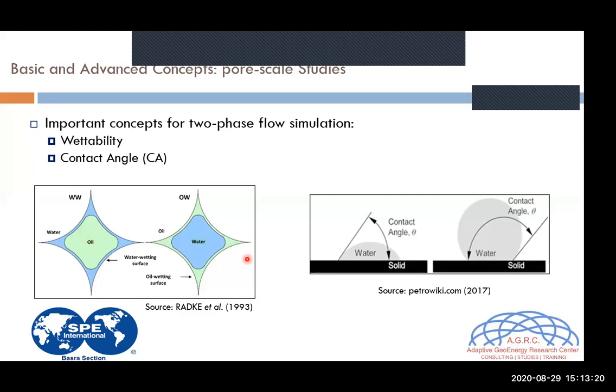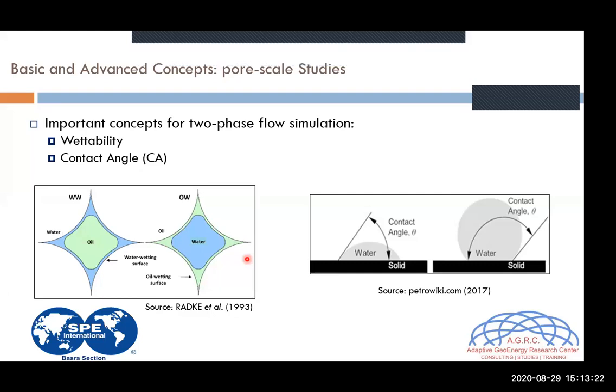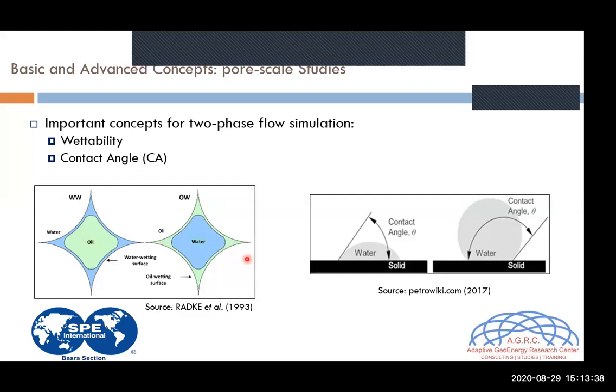It's a possibility in lab experiments. There are some measurements I will show you later, and then you can try to identify the angles between the surface and the fluid that is interacting with the solid.